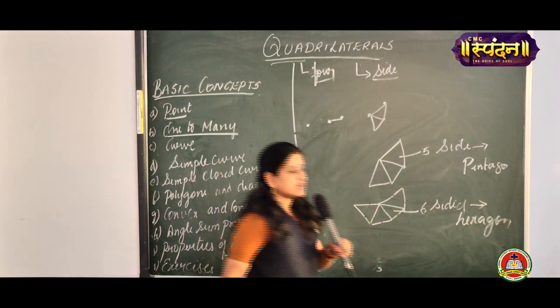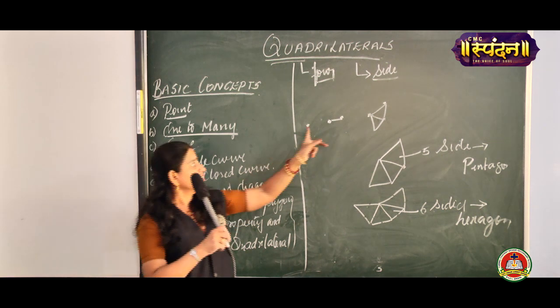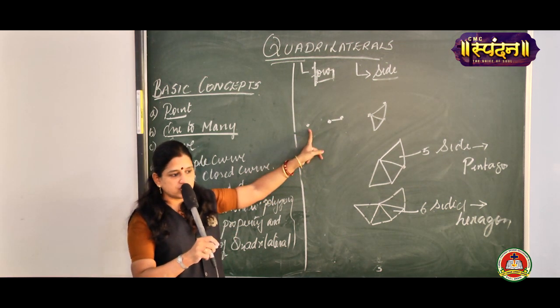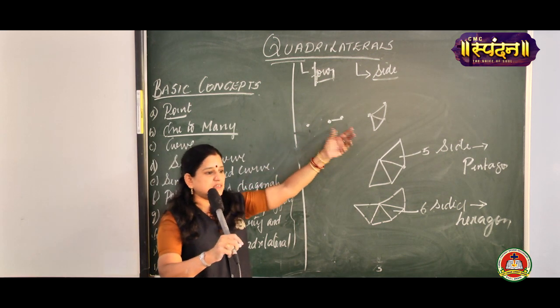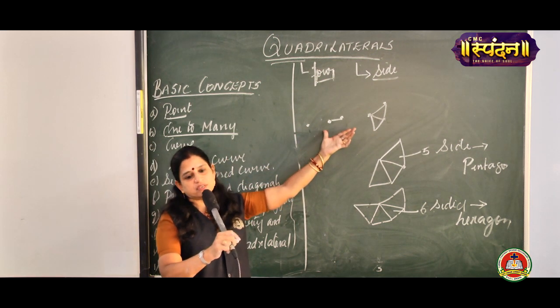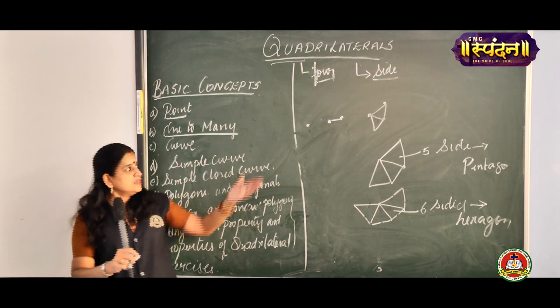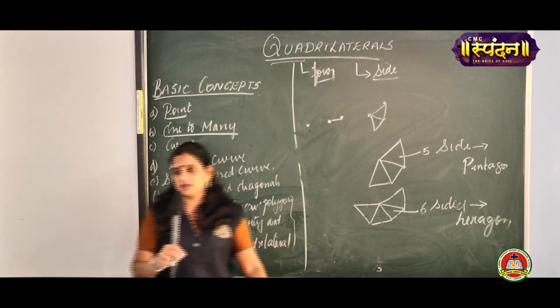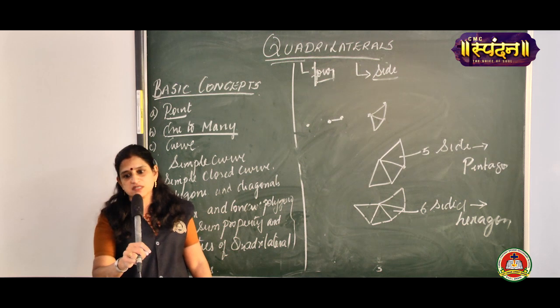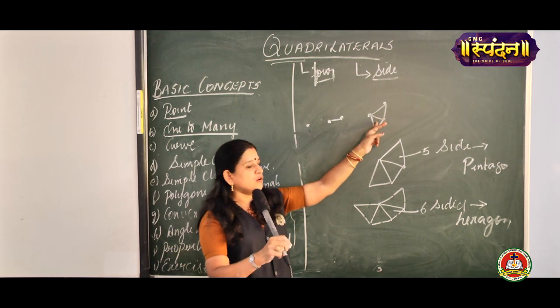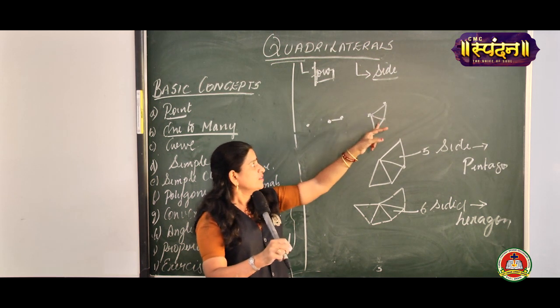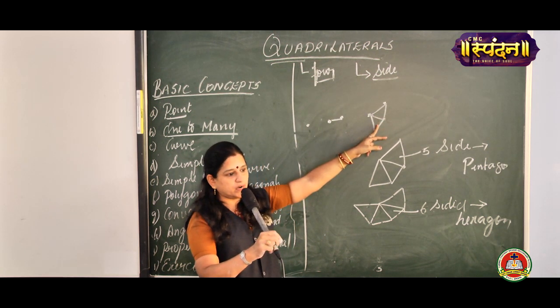So what you are observing over here: in the first case, we started with a single point. Next we started with 2 points, and we got a line segment. Then 3 points. When we joined 3 non-collinear points, we got a triangle. When you increase 1 triangle, you get a quadrilateral.